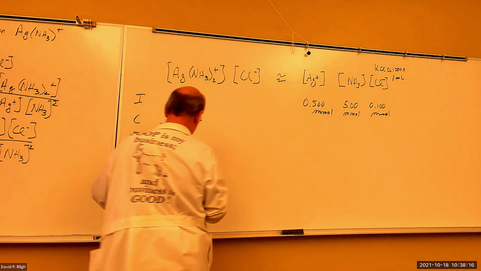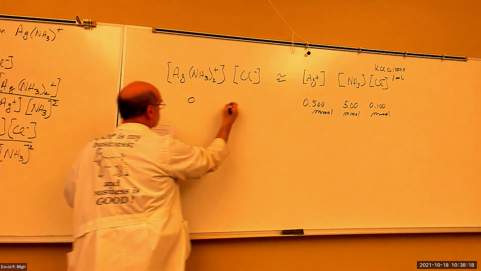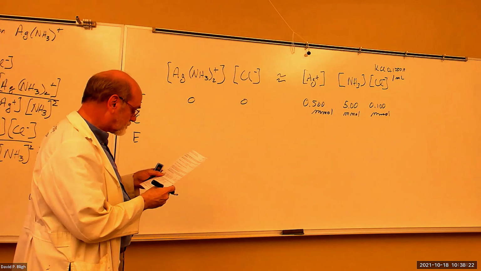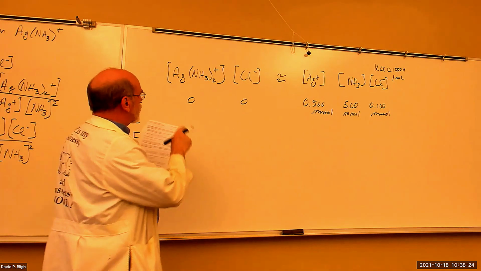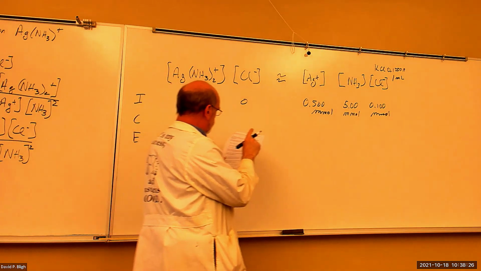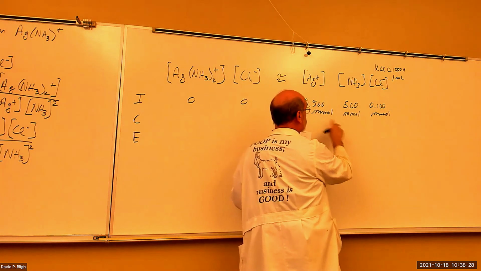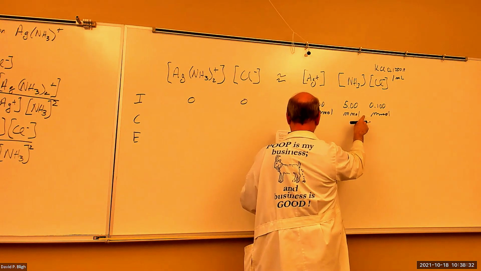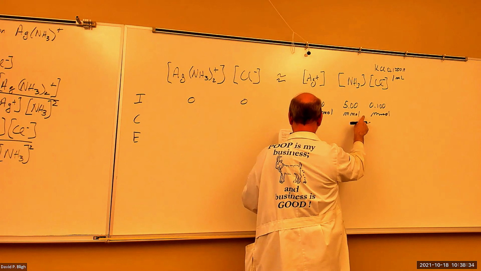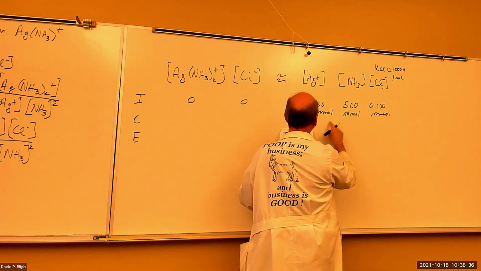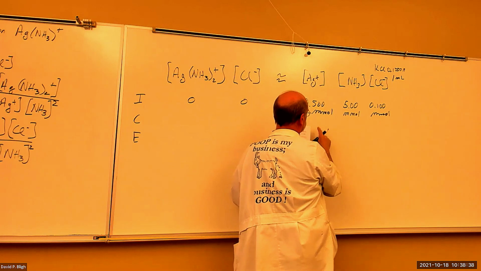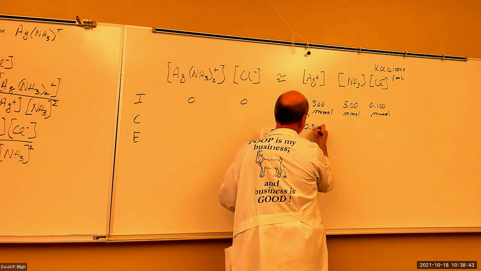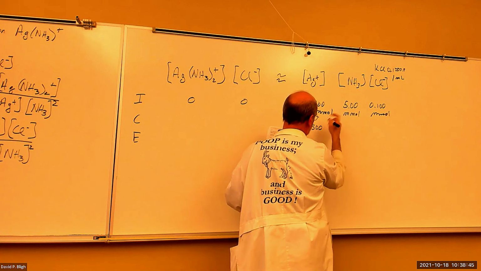Okay. And in the beginning, we're saying none of that, none of that. So when we reach equilibrium, what we're saying is we're removing all of this silver to make silver chloride. So we're subtracting this amount, millimoles.